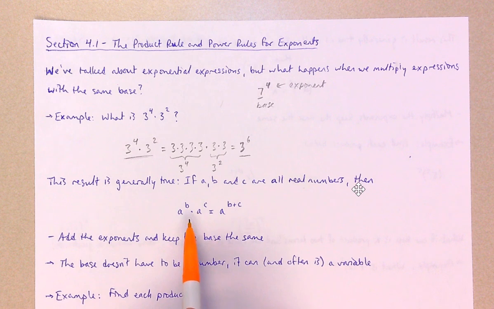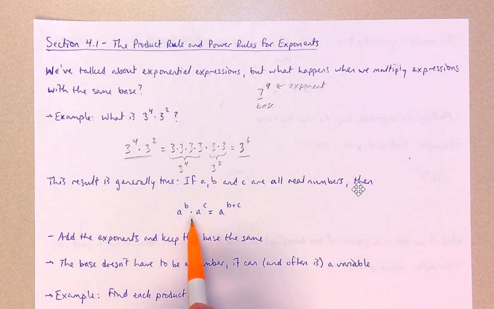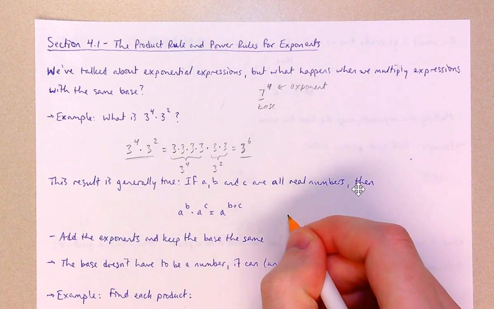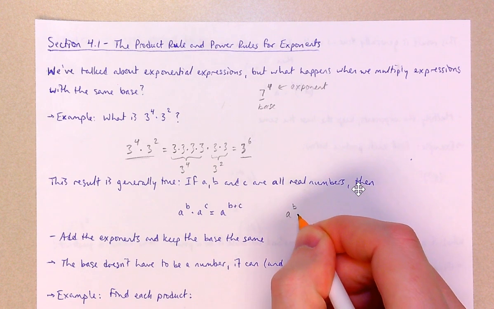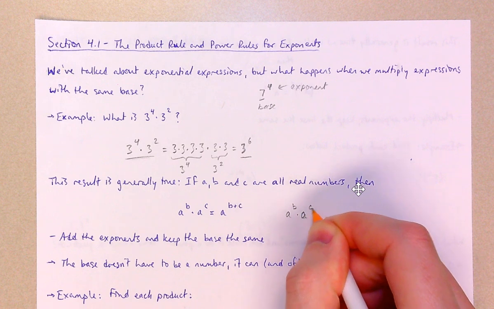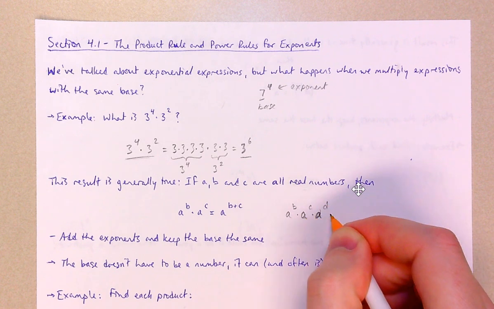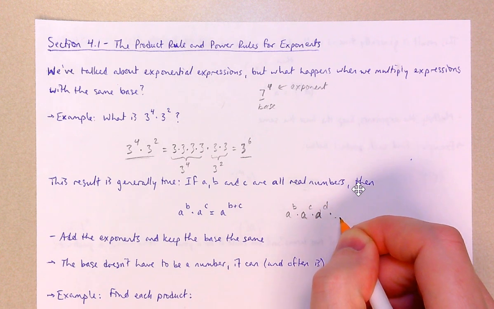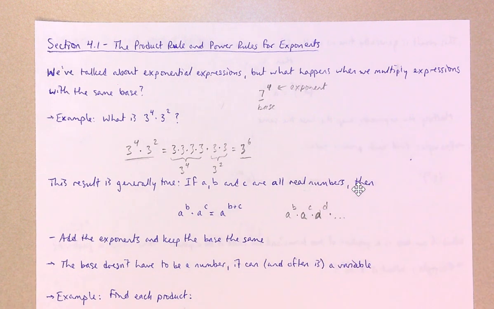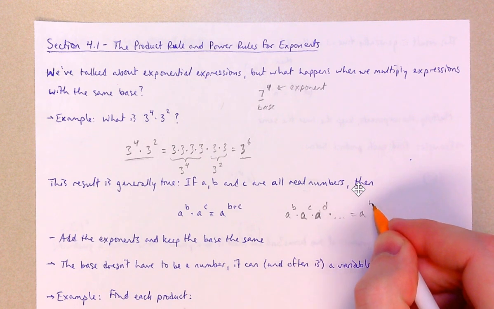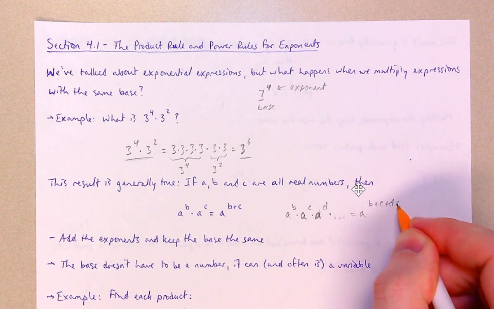Now, this works with more than just two exponential expressions that you're going to multiply. If you have a to the b times a to the c times a to the d, and you could multiply this by any number of exponential expressions where the base is a for all of them, this is equal to a to the b plus c plus d plus dot, dot, dot.